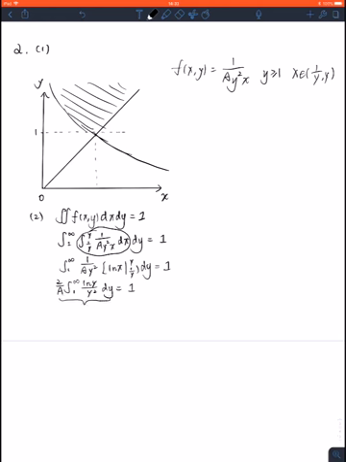In order to calculate the first part, we have to do some substitution. That is, we simply use u equals ln y, and in this case, y equals e to the power of u.